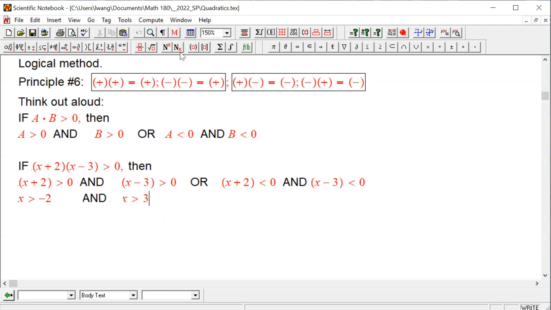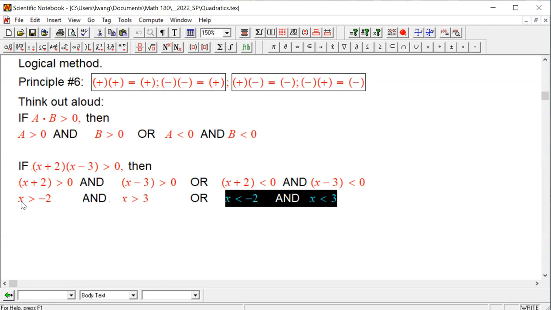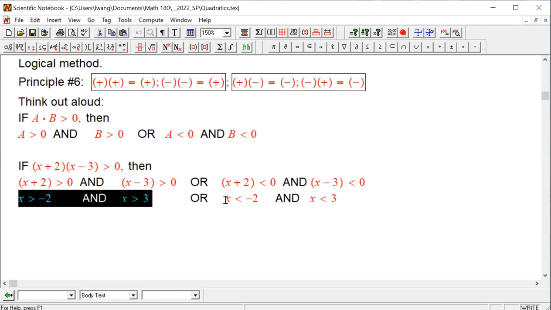On the other part is an "or." I'm getting x less than -2 and x less than 3. So you have to combine these two respectively.